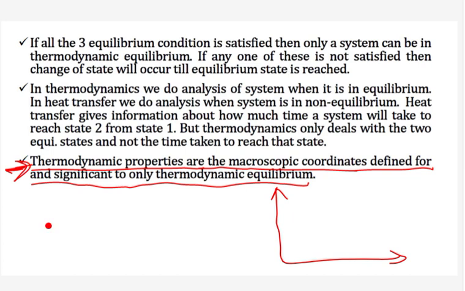What it actually means is that, let's say I have a piston cylinder arrangement, and this is my PV plot.